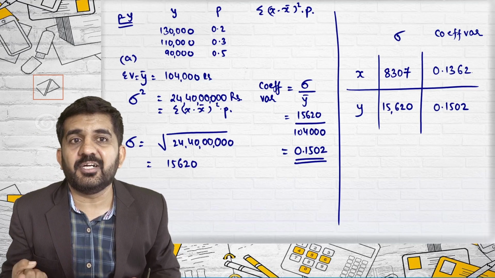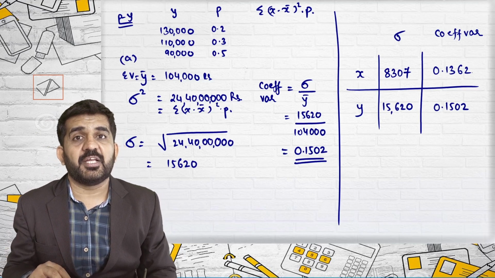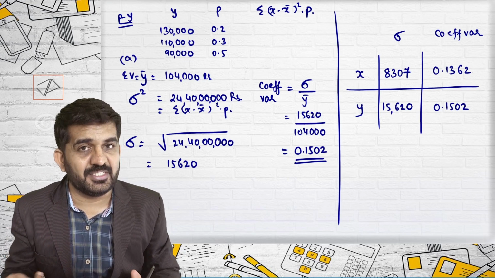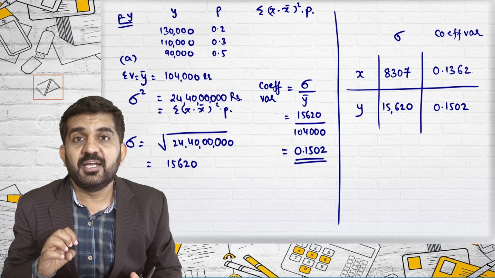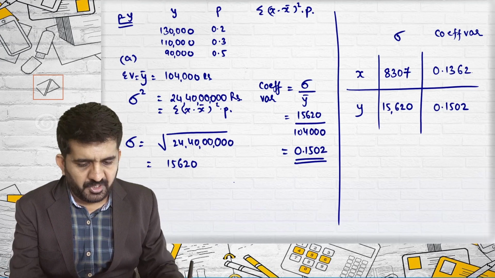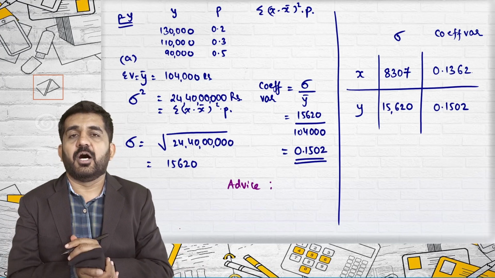As far as the total risk is concerned, project X is less risky. As far as coefficient of variation is concerned, project X is less risky. You should select a project which is less risky. Whenever you give advice to management, be very careful what you are writing down.